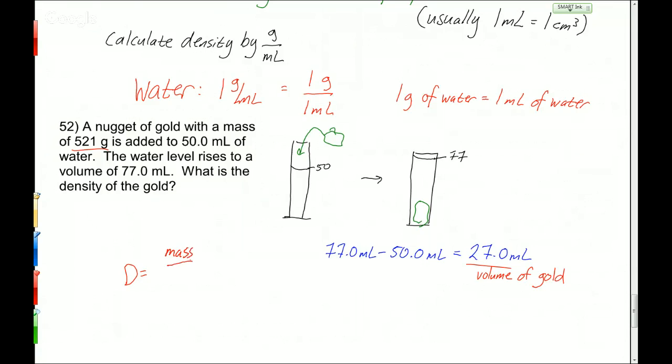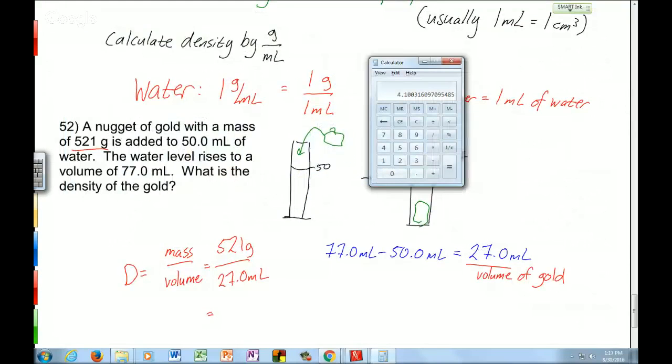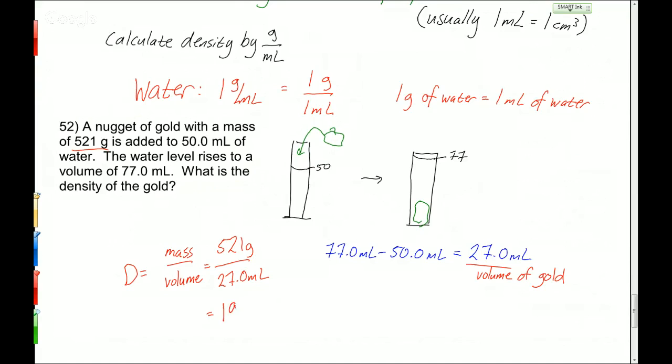Density is mass over volume, which means 521 grams divided by 27.0 mL. 521 divided by 27 is 19.3. And that's the density of gold.